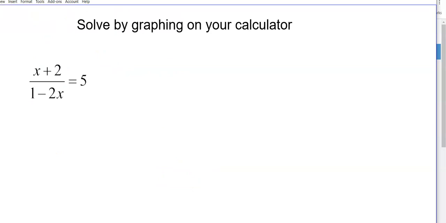Solve by graphing on your calculator. Okay, so again, we want to subtract the 5 to get it on the other side, so (x plus 2) over 1 minus 2x minus 5 equals 0.